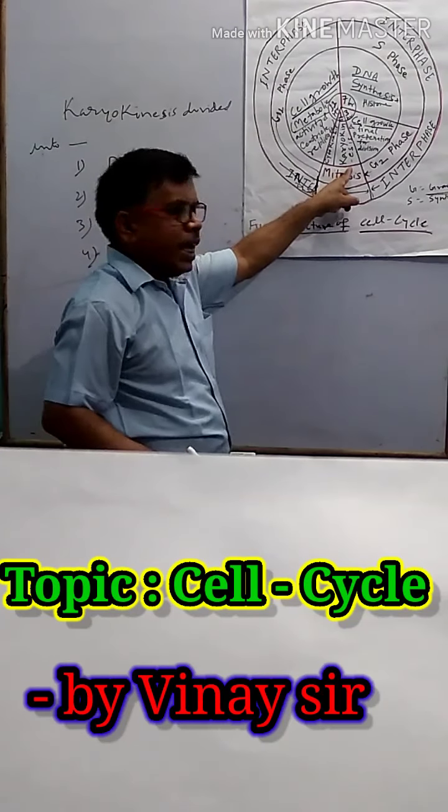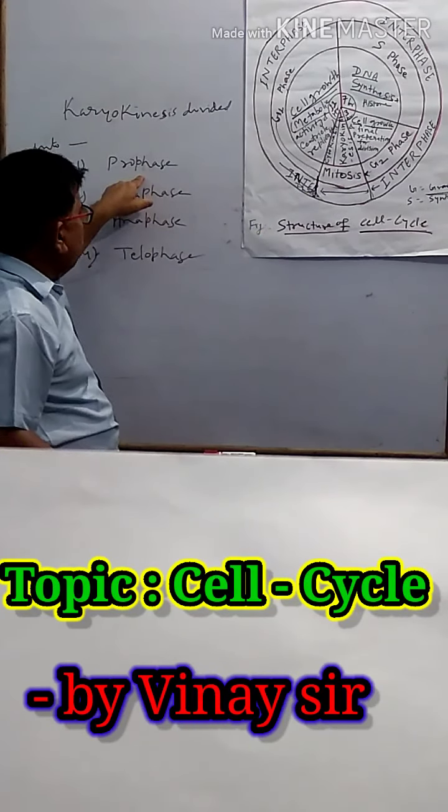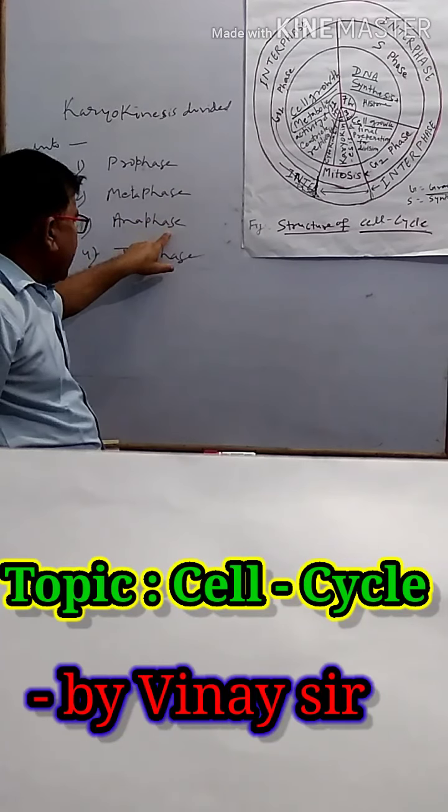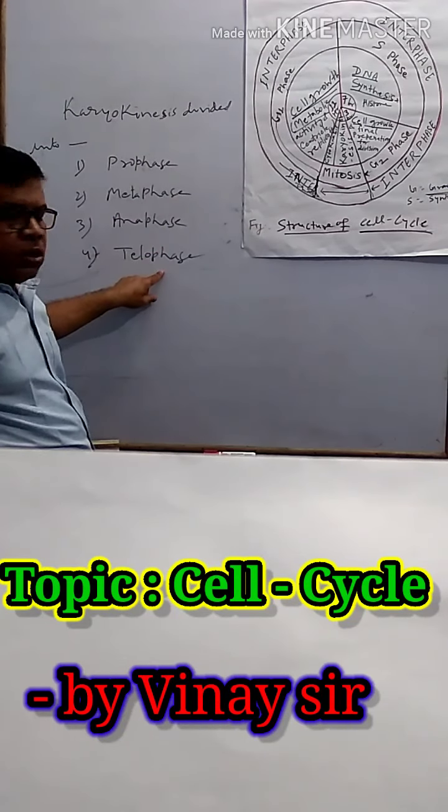So this karyokinesis is divided into prophase, metaphase, anaphase and telophase.